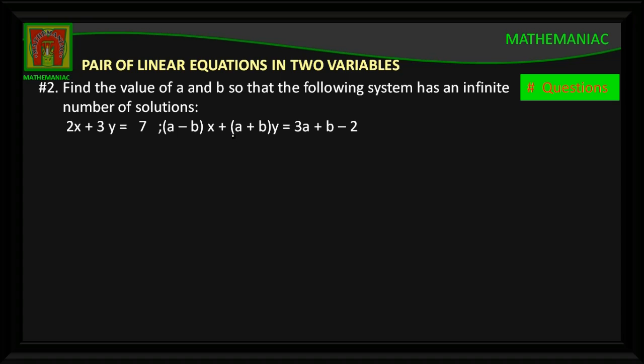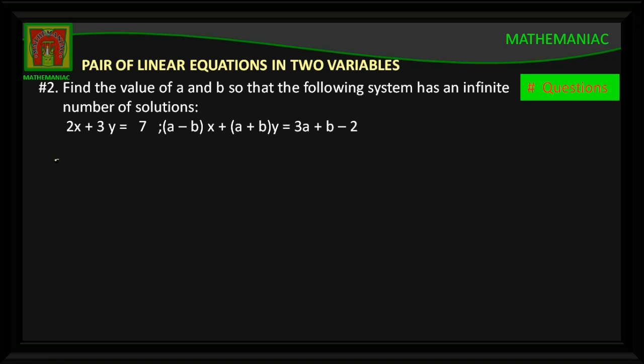Okay, this is a different question, right? Let's do this. Find the values of A and B so that the following system of equations has an infinite number of solutions. This time you have to find the values of A and B so that this system will have an infinite number of solutions, right? Okay, fine.